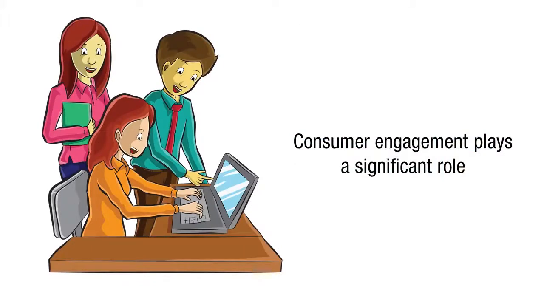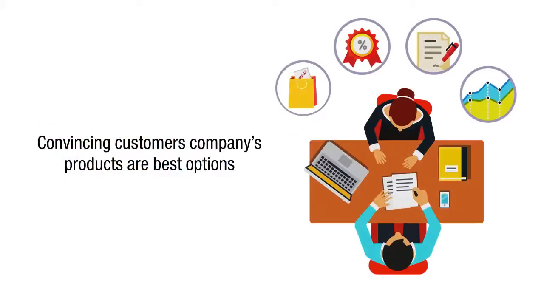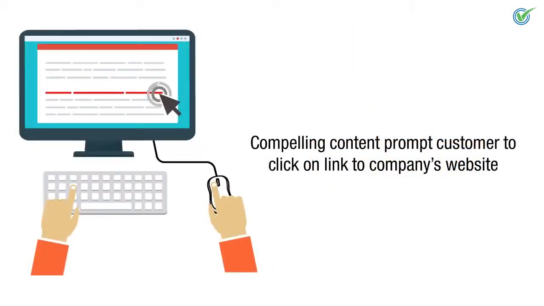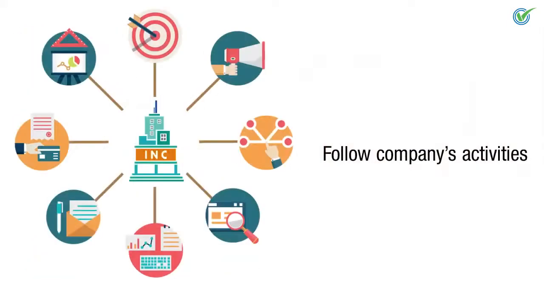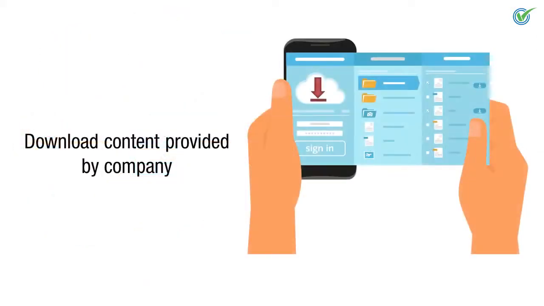Consumer engagement plays a significant role in convincing potential customers that the company's products are the best options to satisfy their needs. Compelling content can prompt a potential customer to click on a link to the company's website, to like or share the company's content, to follow the company's activities, or to download content provided by the company.